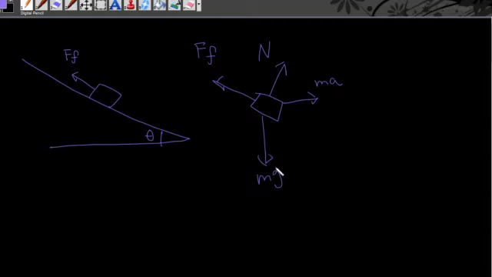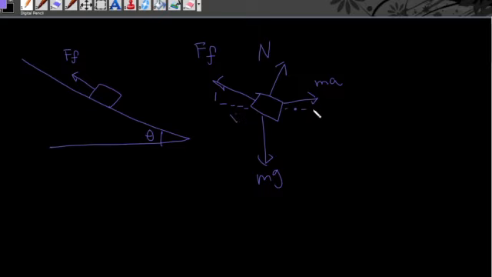Just from looking at all the options, the rest of them are blatantly wrong. So it's definitely E, because if we look at the components, this force here, which is perfectly horizontal, would cancel out with this component of the friction.